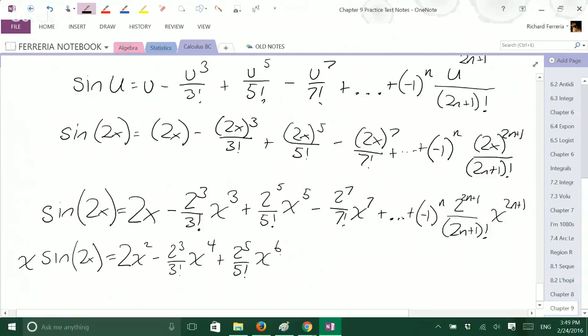Instead of x to the fifth, we now have x to the sixth. Instead of x to the seventh, we now have x to the eighth. And now as I'm reading this, I don't see that we have to find the general term here. So I'm actually just going to leave out the general term, although it would be 2n plus 2. And that takes care of question 6.